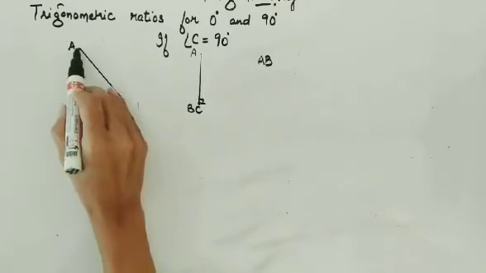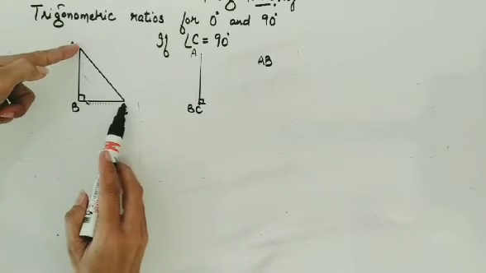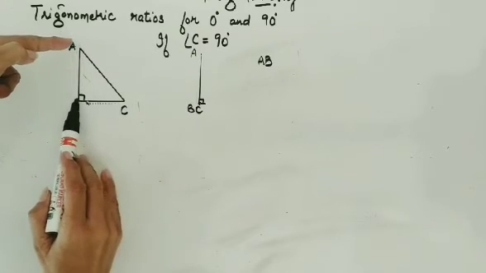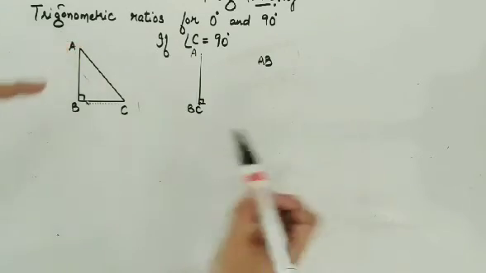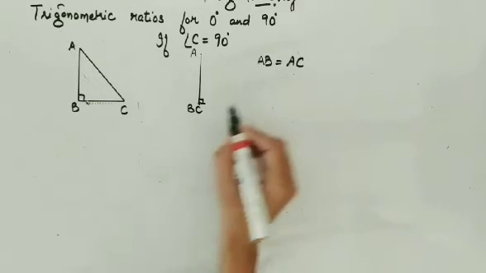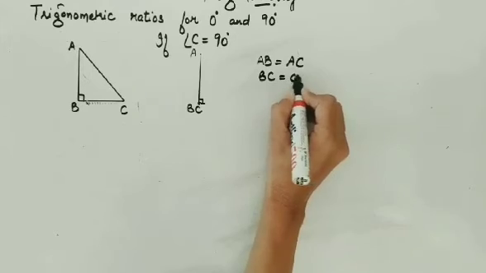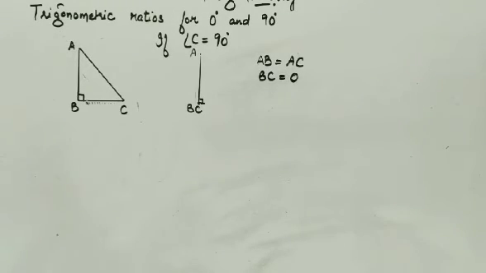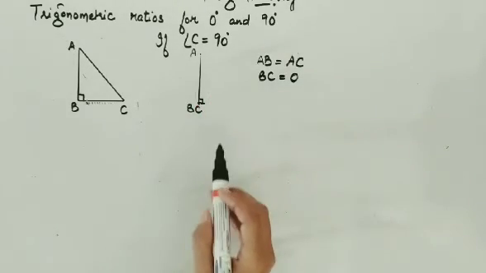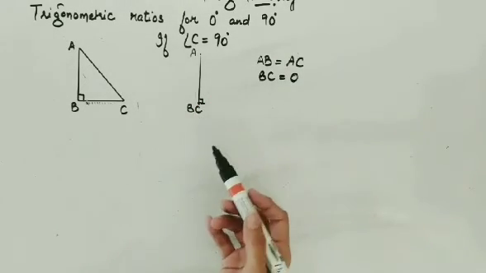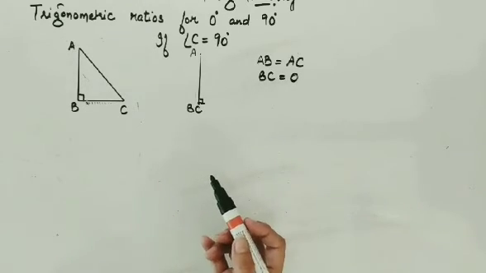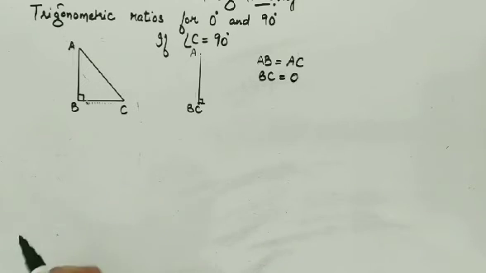AB, because now C has to become 90, so AB and AC would be equal. One side has finished completely, which is that? It's BC. So BC is 0. Now, on the basis of this figure, I could not call it a triangle. I cannot call it a triangle since it is just a line segment, I would say.